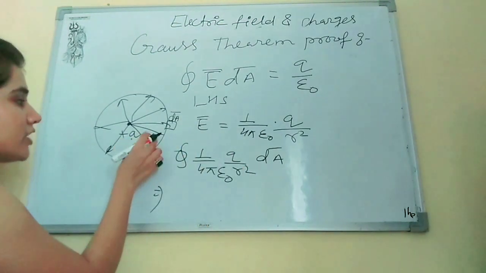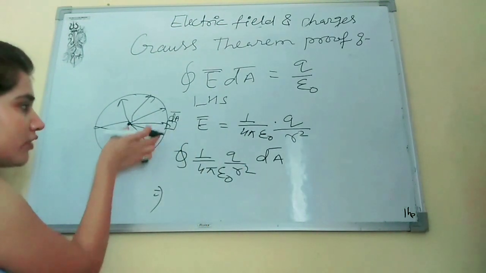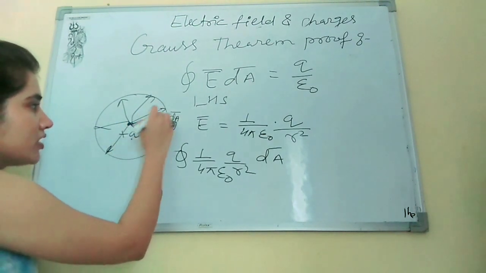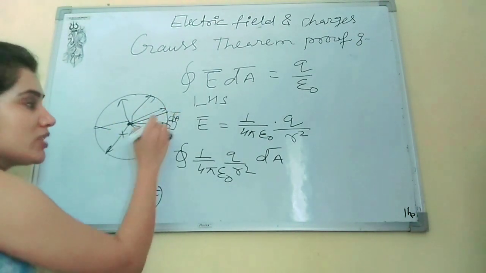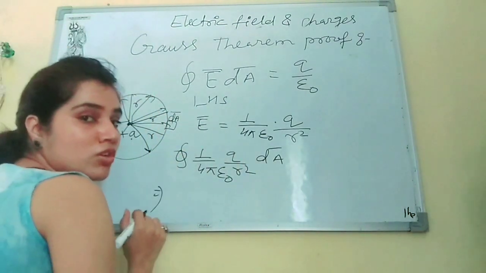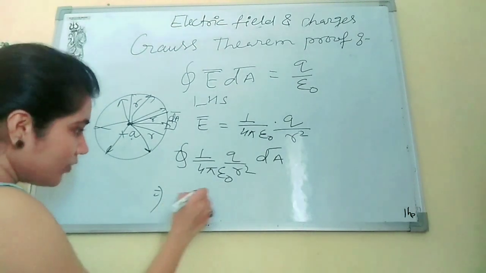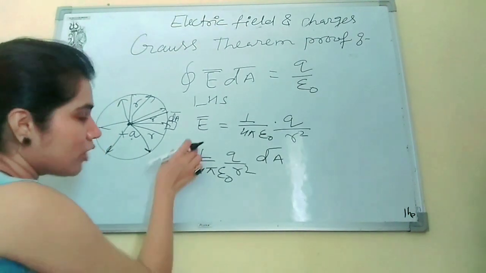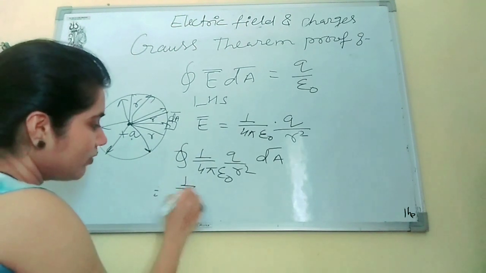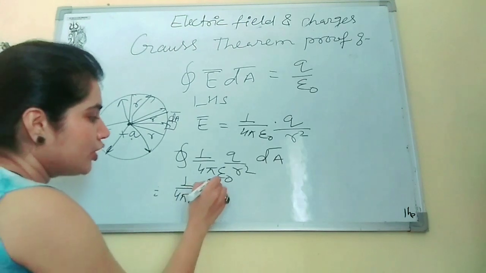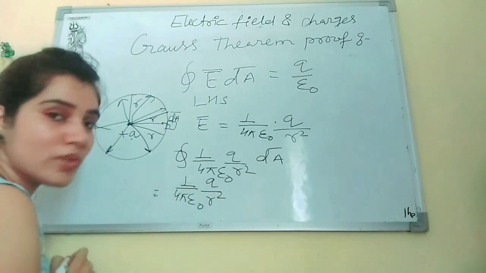And R, if we measure from this point to this point, it will be R, and from this point also R, so this is also constant. So we simply take it outside the integration: 1 by 4 pi epsilon naught times Q upon R square.